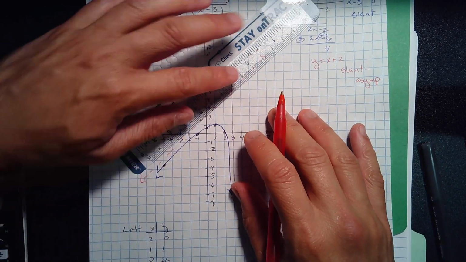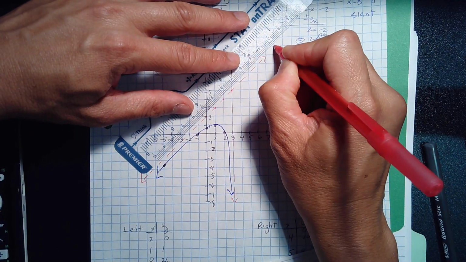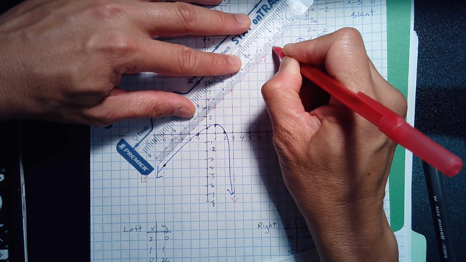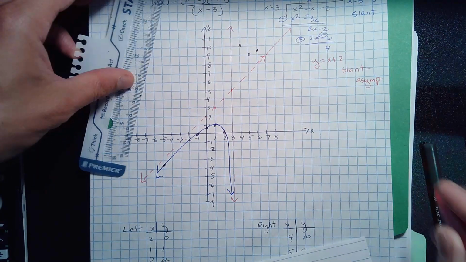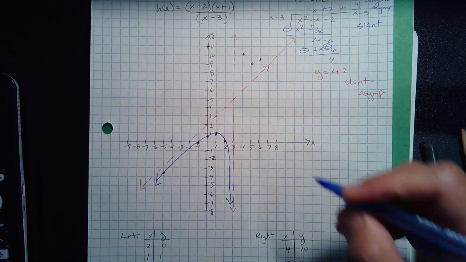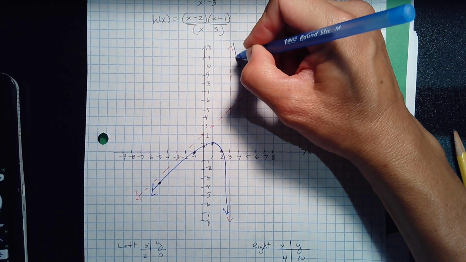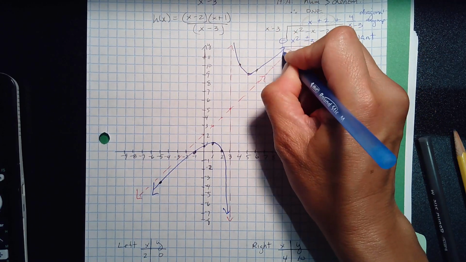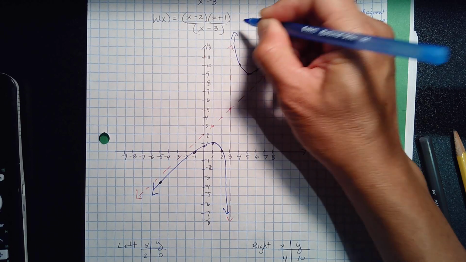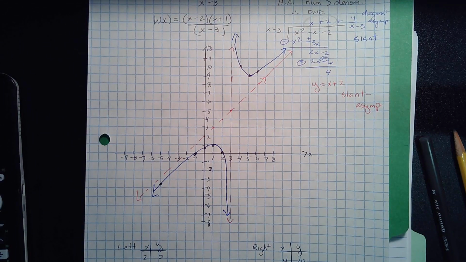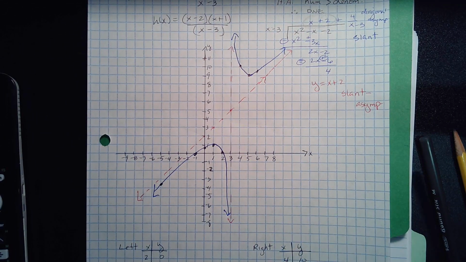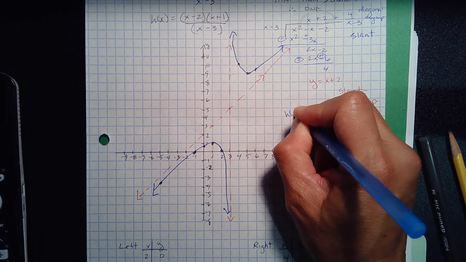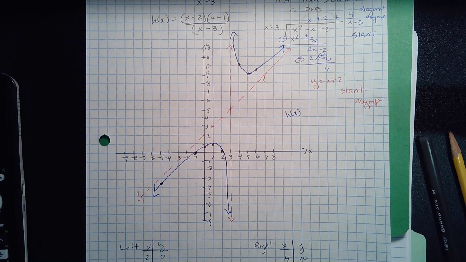Let me just extend this. Okay. So here is our other part. All right. So that is the graph of example 3. So this is h of x. So that's our graph.